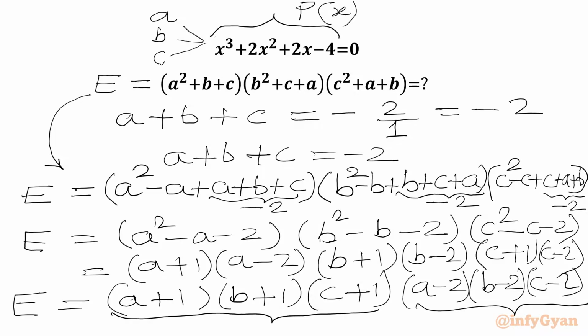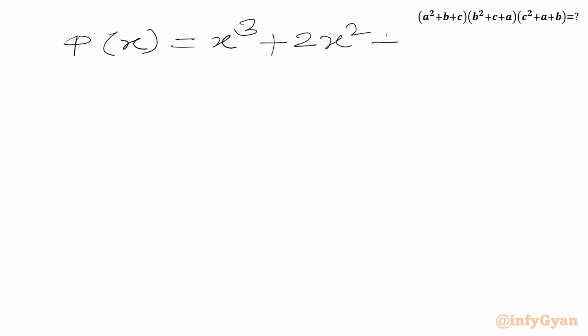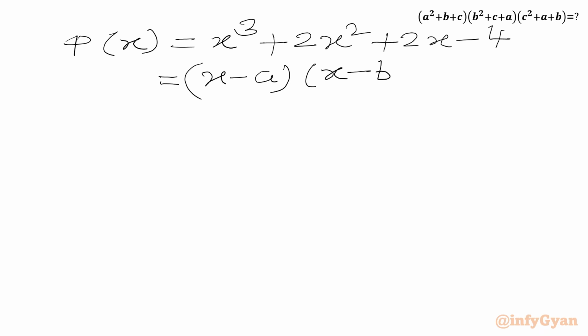So I will write here P of x equal to x cube plus 2x square plus 2x minus 4, which we can write in the roots form: x minus a, x minus b, x minus c, as this cubic has roots a, b and c.